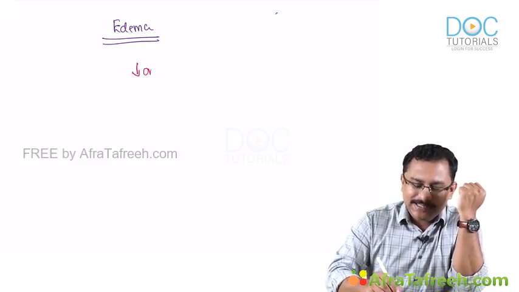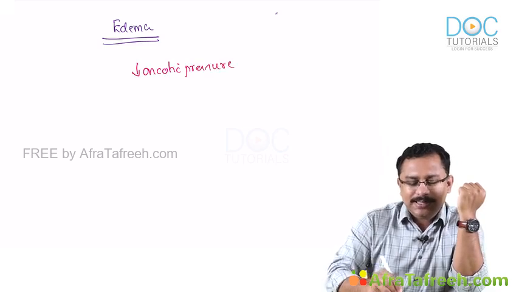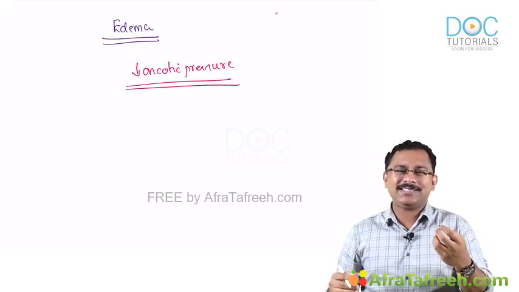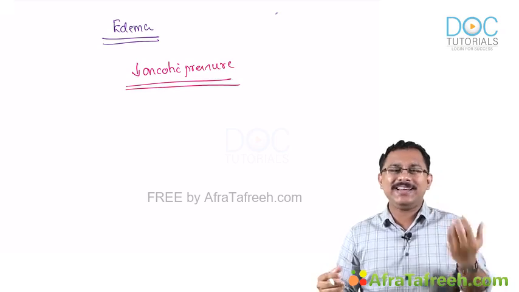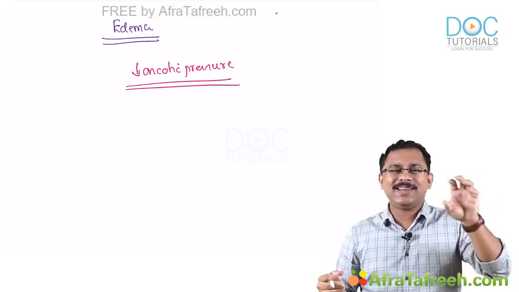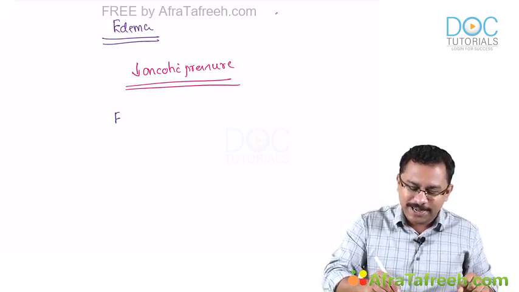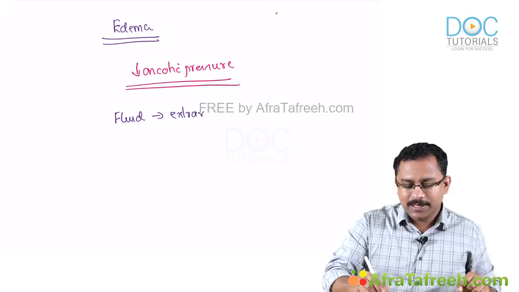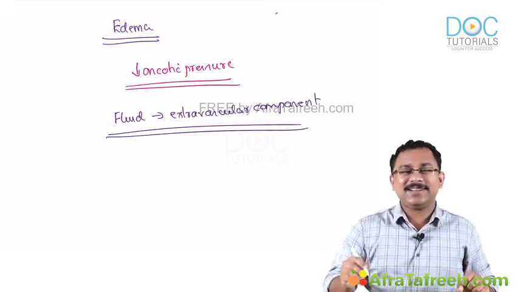There will be a decrease in the oncotic pressure, because of which the difference between hydrostatic pressure and oncotic pressure will increase. So the fluid will actually go to the extravascular compartment.